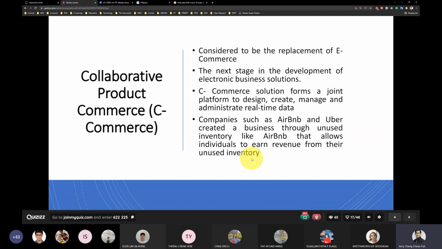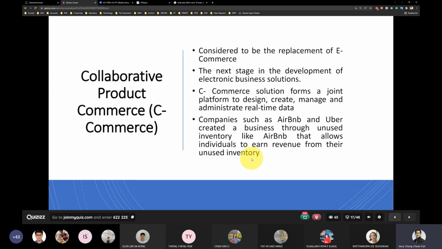All they do is collaborate with people out there who want to rent out any one of their rooms, any one of their houses. Uber is the same thing. They don't own any single cars. They don't own any single services per se. All they are doing is collaborating with people who have cars to turn their cars into taxis, for example.